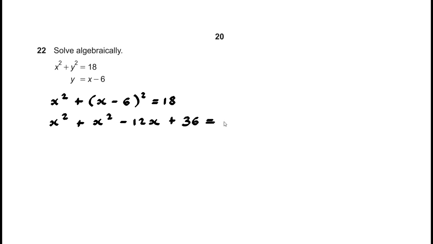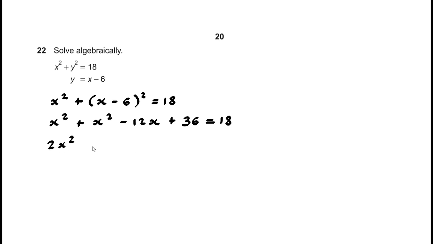So I've got x squared plus (x minus 6) squared, and this is equal to 18. If I expand the (x minus 6) all squared, I would have x squared minus 12x plus 36 equals 18.